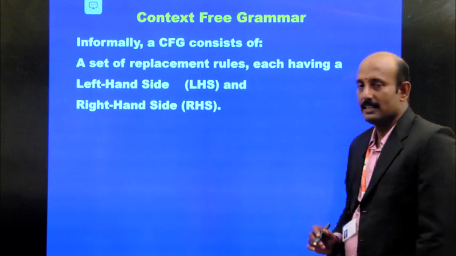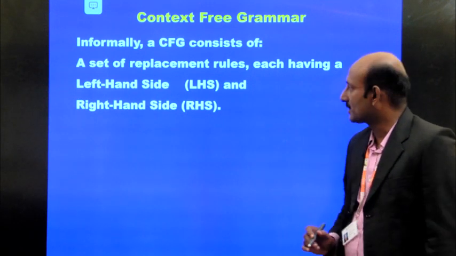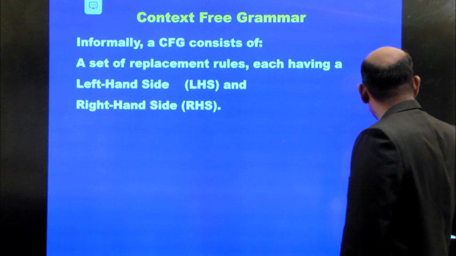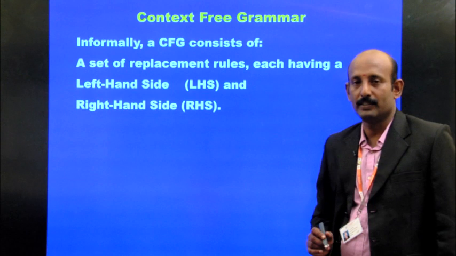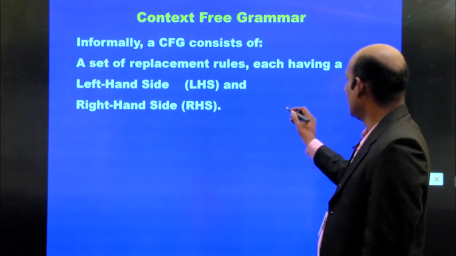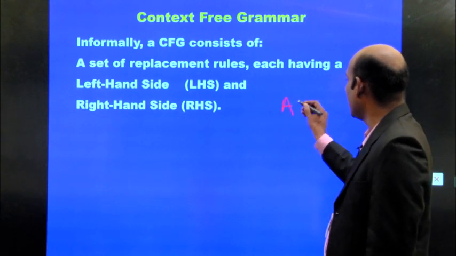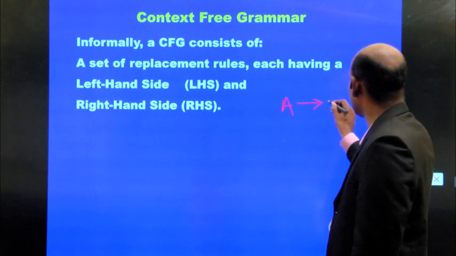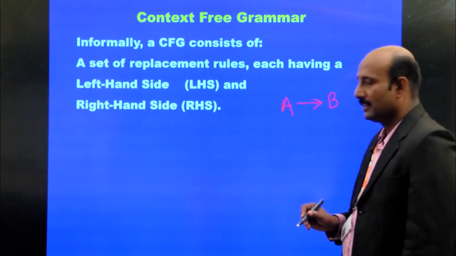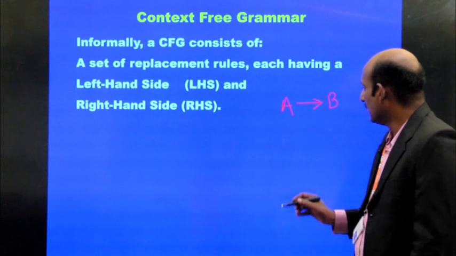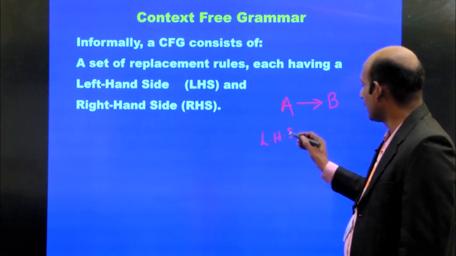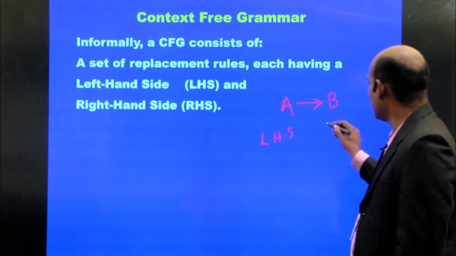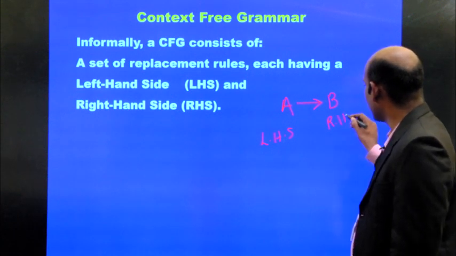In a context-free grammar, CFG, the grammar usually consists of the left-hand side of a production and the right-hand side of the production. For example, if we have a production A implies B, A is the left-hand side of this production, and B is the right-hand side of the production.